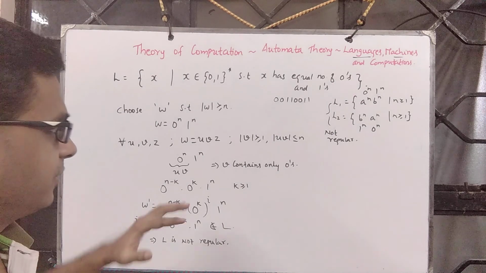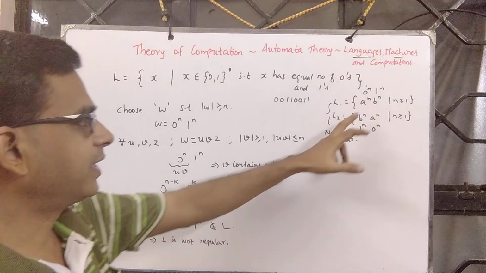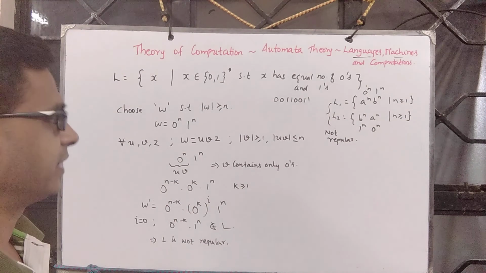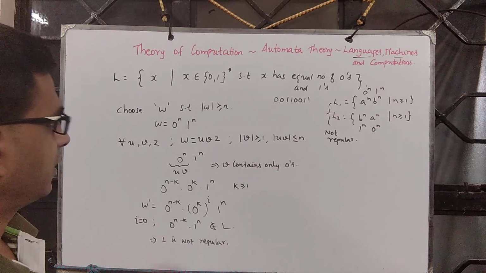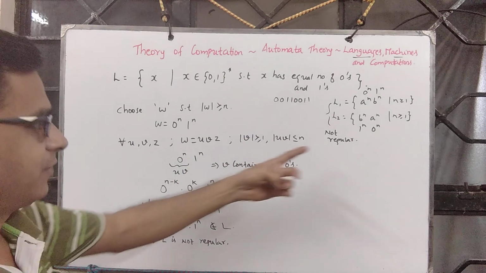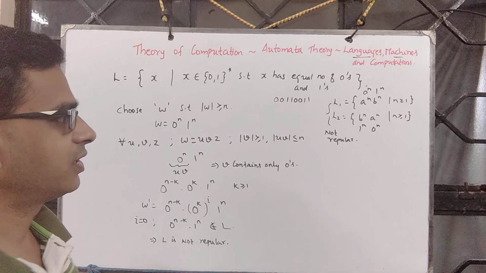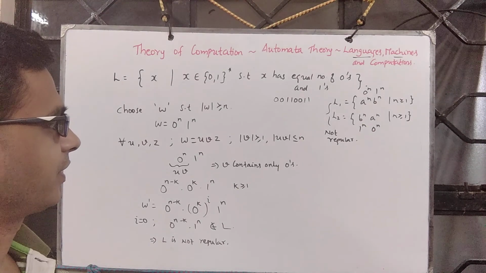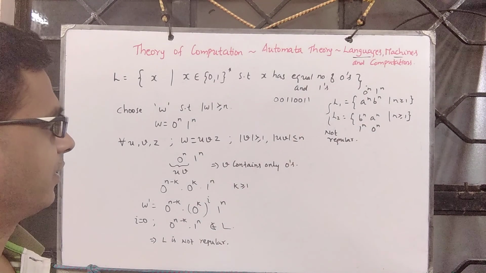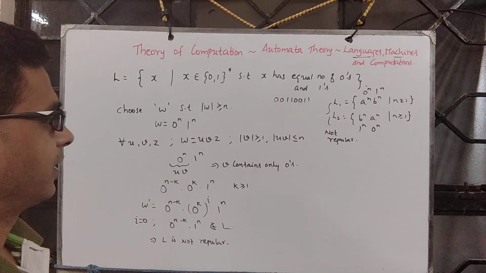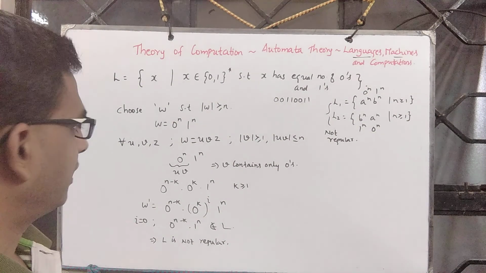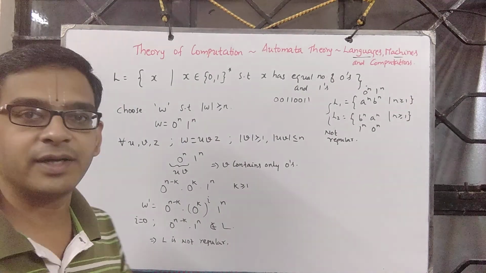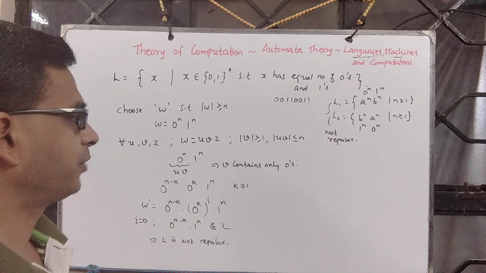This gives you a larger message saying a subset is not regular, therefore a superset is not. Now a similar proof can be given if you start with 1 power n, 0 power n, and this itself can be used as a framework in solving many other related problems.